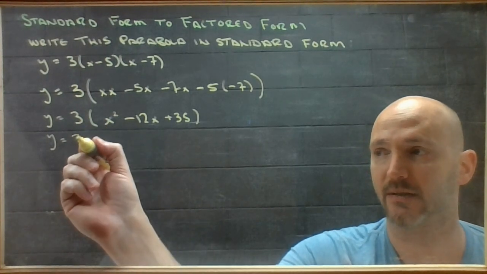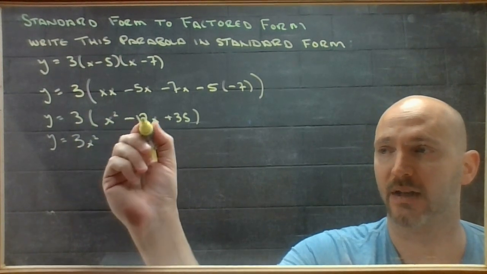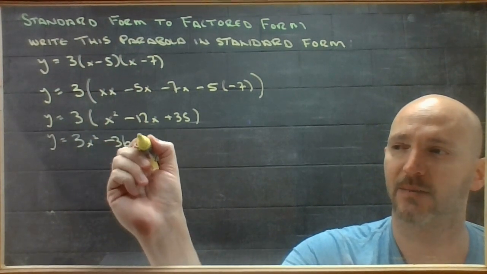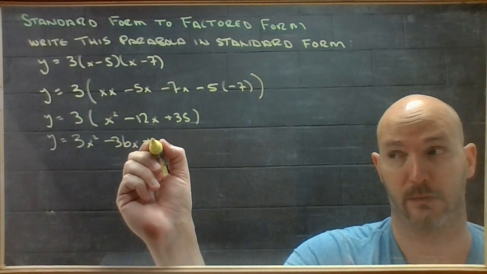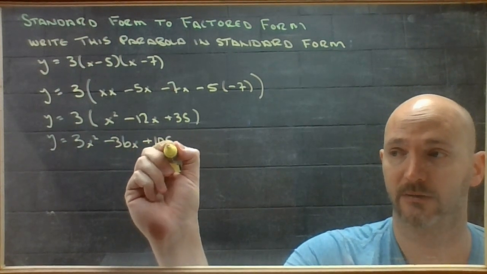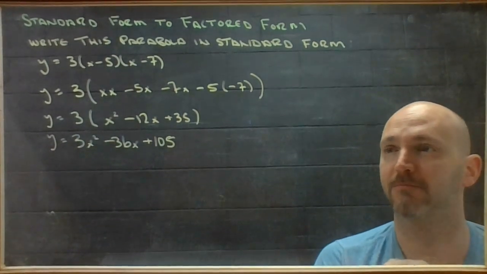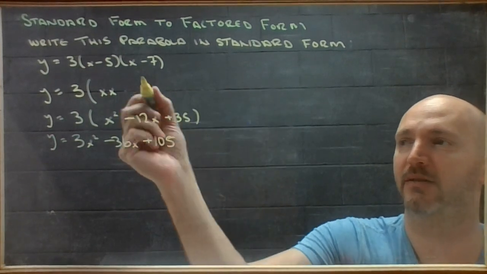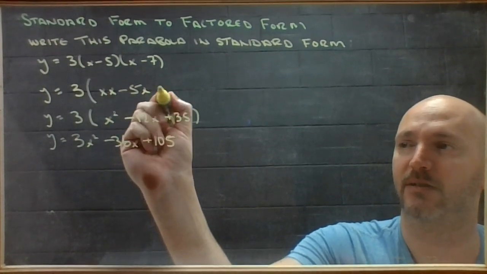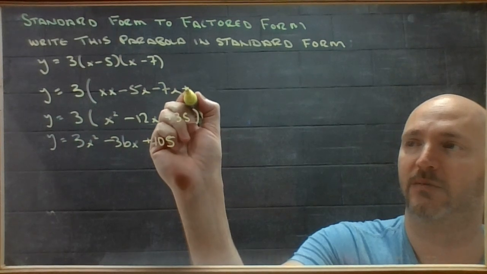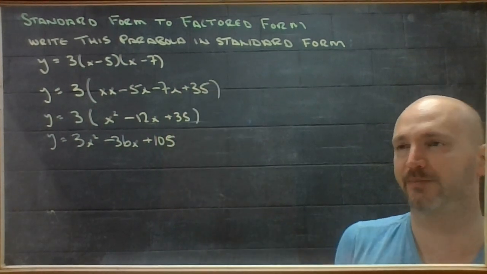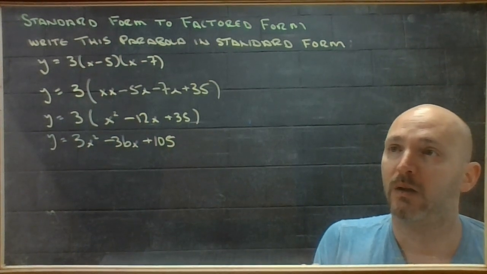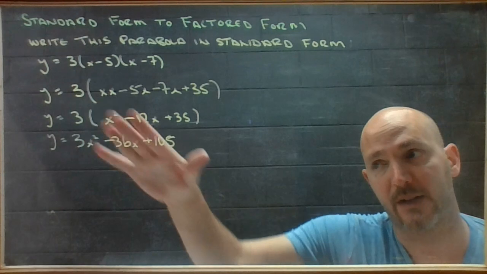So 3 of these: 3 times -12 is -36, and 3 times 35 is 105. Okay, I'm just going to shorten this line up a little bit because it's taking up too much space. There we go. So that's how you go from factored to standard.